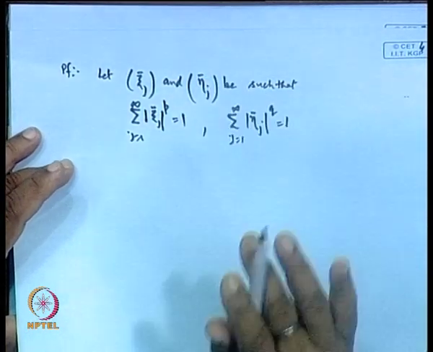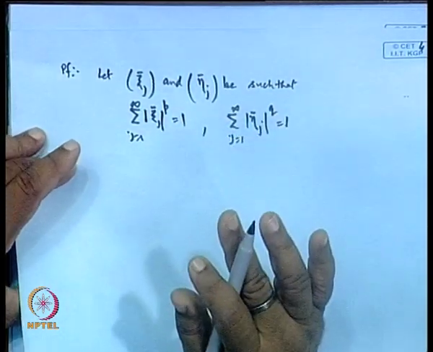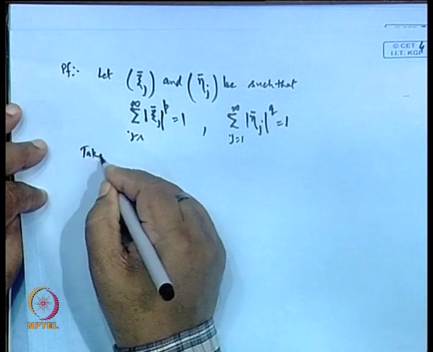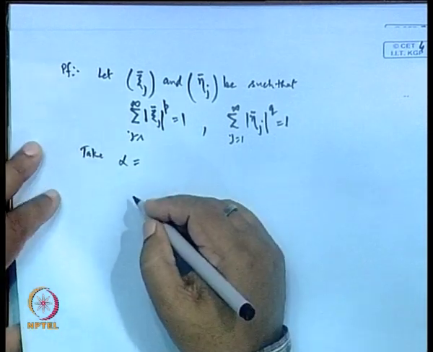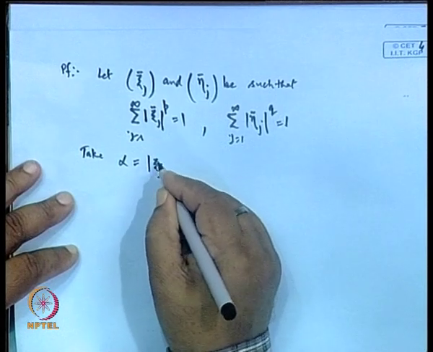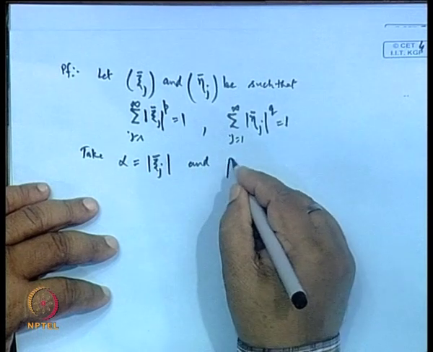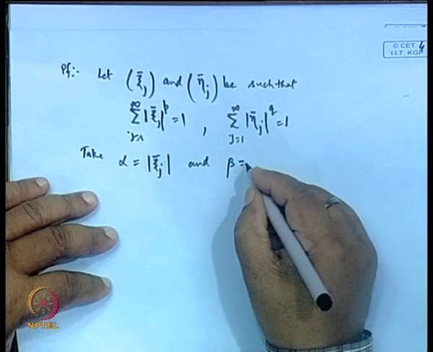So, such types of sequences are available. Now, let us take alpha to be mod of xi j bar and beta to be mod of eta j bar.